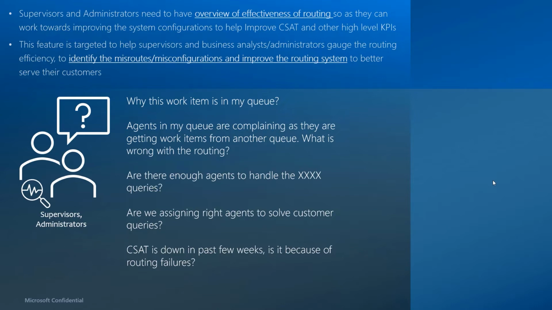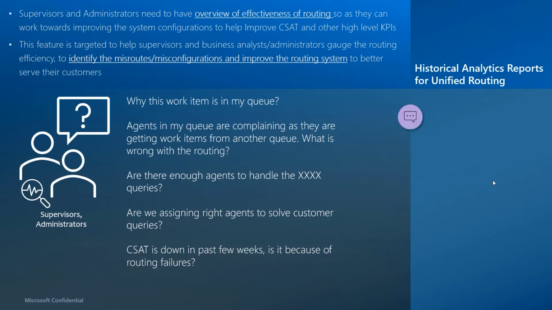They also need to understand the points of failure they need to work on: where misroutes are happening, what configurations are leading to such misroutes, and then have an enriched conversation with business admins or system customizers that these are the exact points of failure which should be improved in their system.